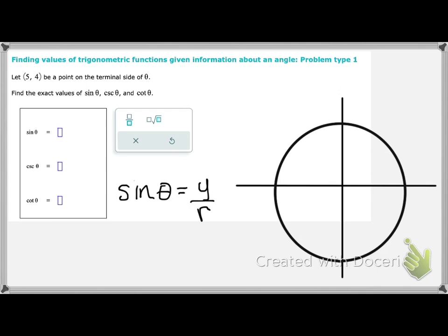Here we're given the terminal side of an angle theta, and it passes through the circle at the point (5, 4).